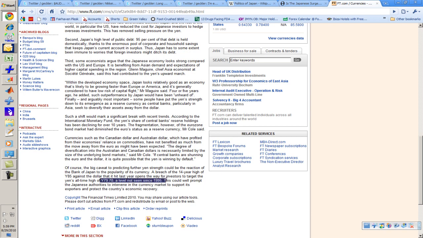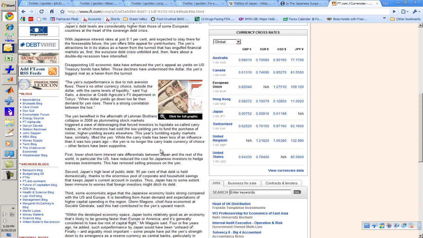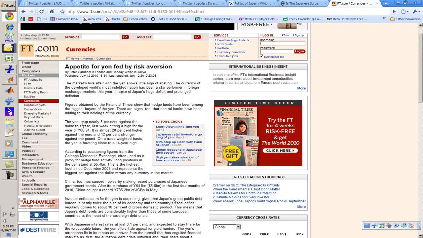The yen 97.70 level would be the all-time high, and this was written back in July. So these things have been kind of brewing in the global policy circles for a while now.